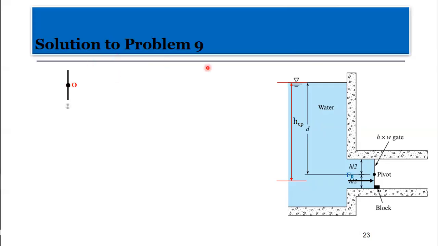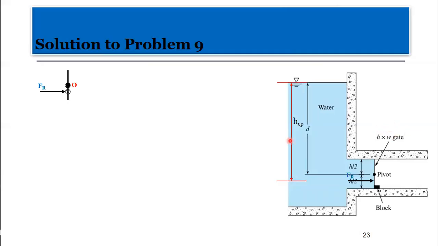That's why it's not showing. It will cover that. Now I need to know the center of pressure where the force will be acting. This is the force FR acting on the center, right? Now, remember that the force of the gate on the block will be directed this way, right?